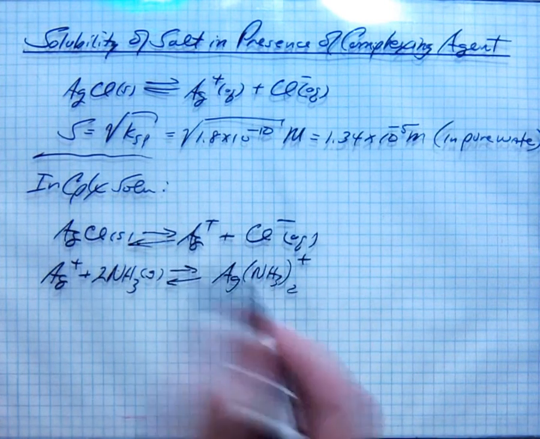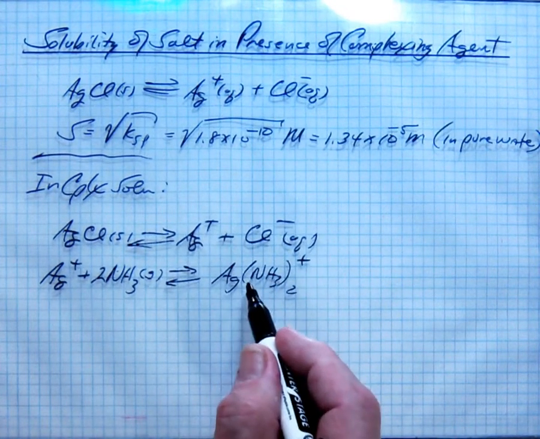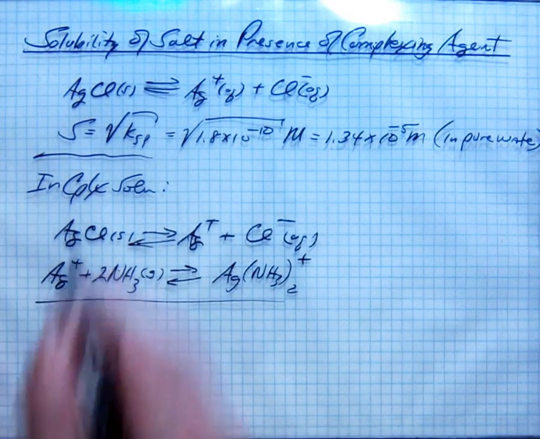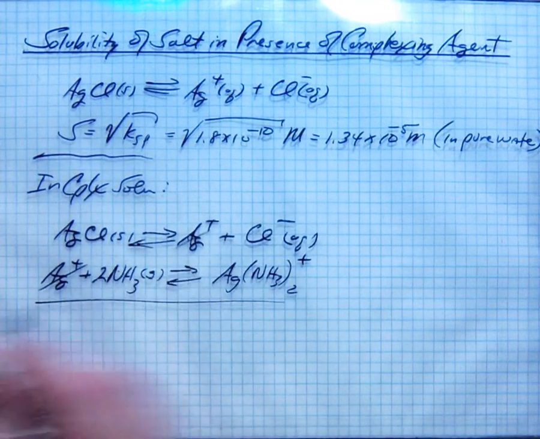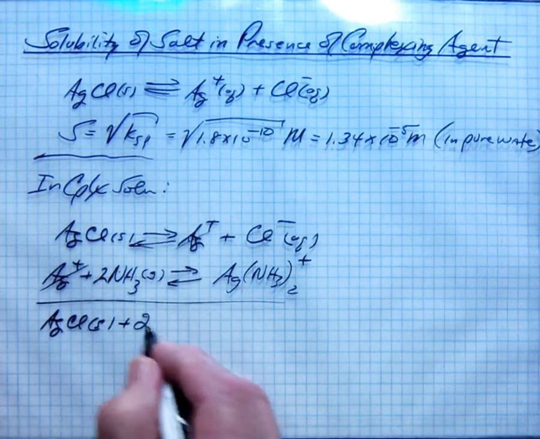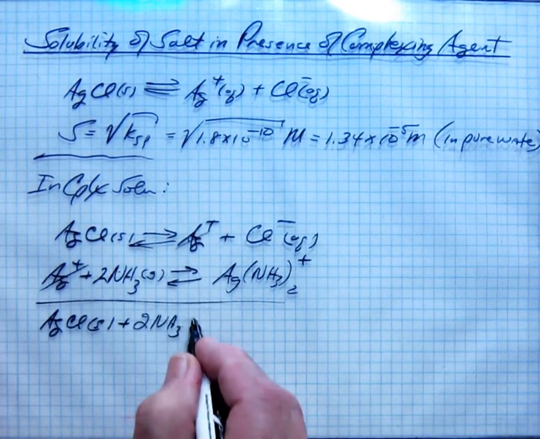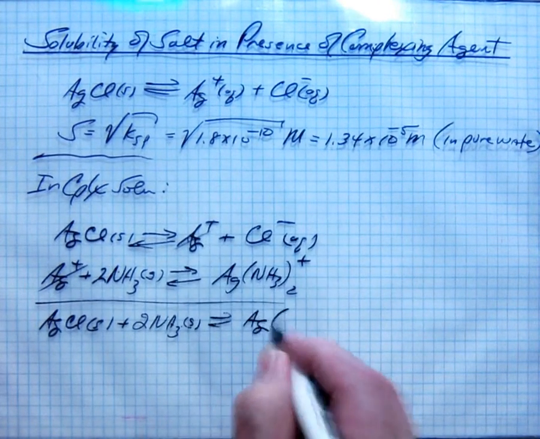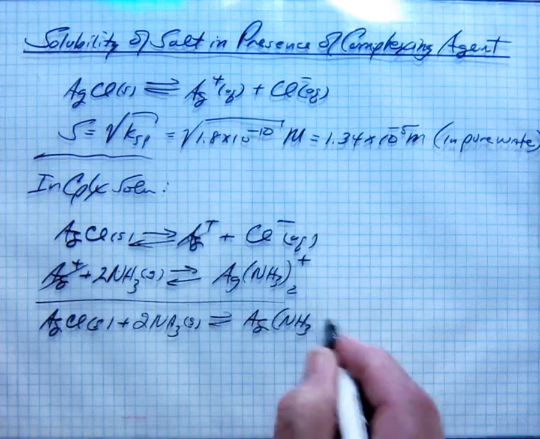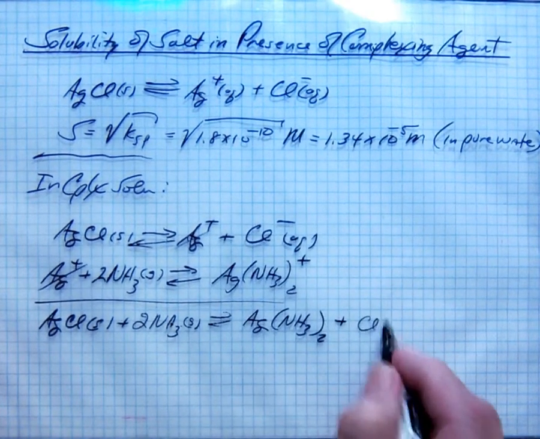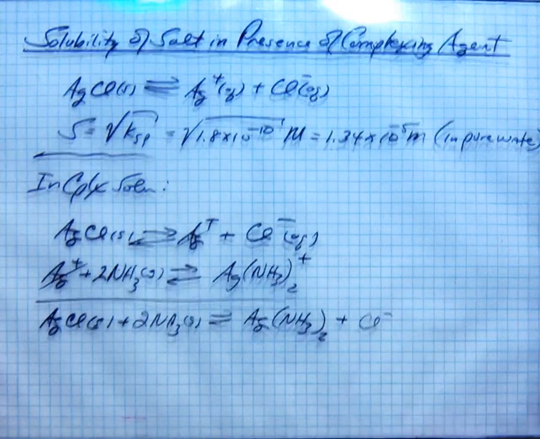Of course, this is no longer an ion in solution, so essentially the net reaction, this cancels, that cancels, and we have silver chloride as a solid plus 2 NH3 goes to silver amine complex 2 plus chloride ion in solution.